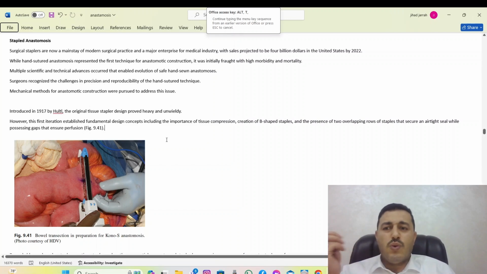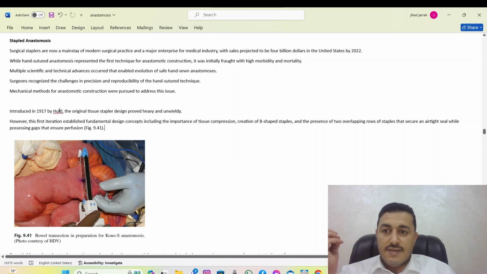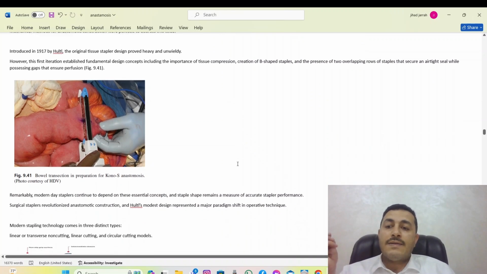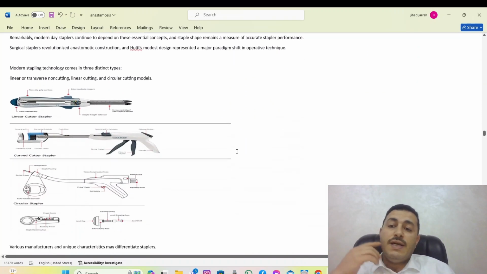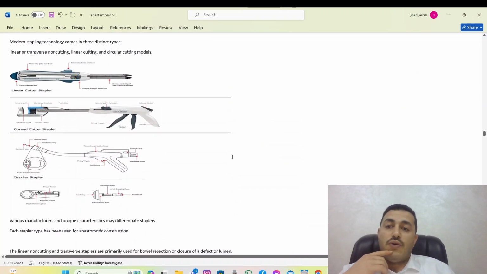First, it was described by a Hungarian surgeon called Hült in 1917, and in modern surgery we have multiple shapes of the stapler.